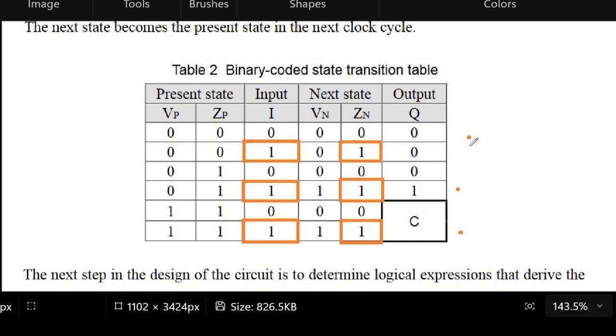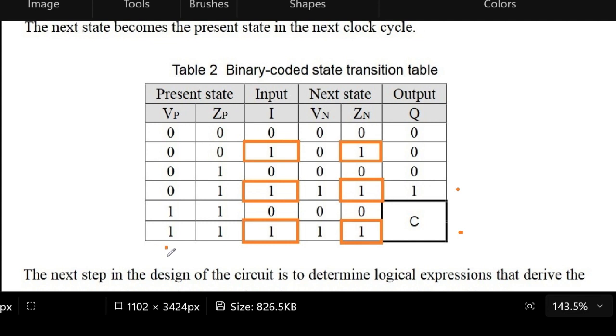So if we look at the table now, we have here a column for Vp, one column for Zp, one column for I, and then what we need to know is Zn. The first set says that the Vp is 0, the second value is 1, the third value is 1, and the Zn there is 1.